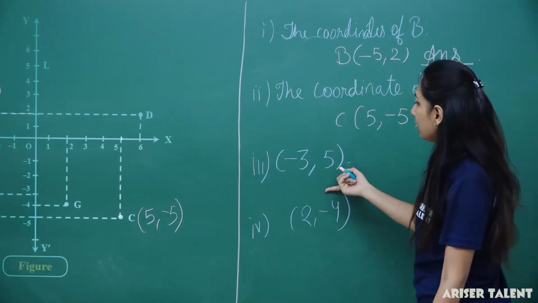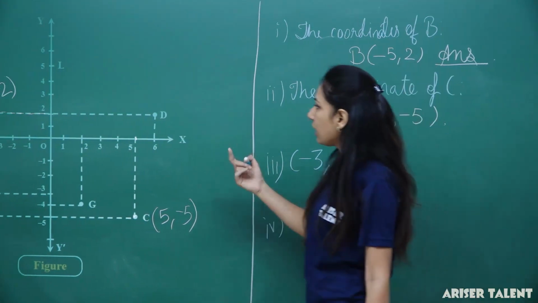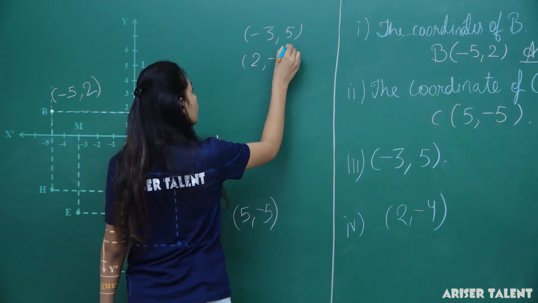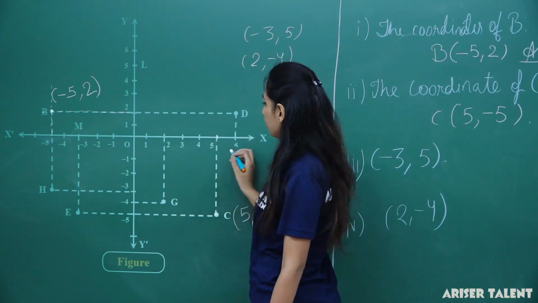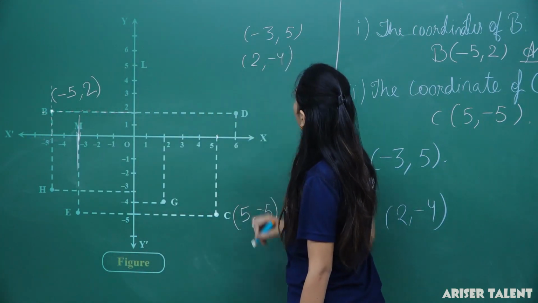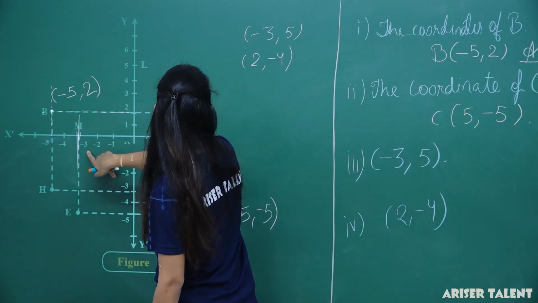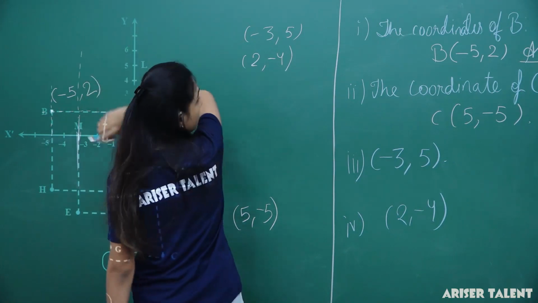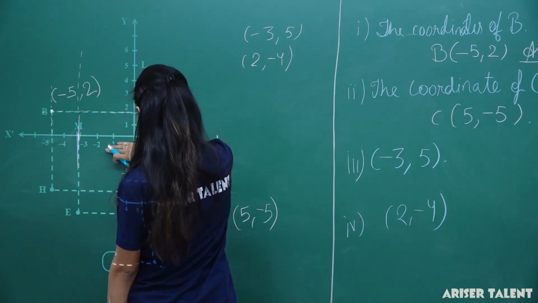Now it is telling us to locate minus 3 and minus 5.